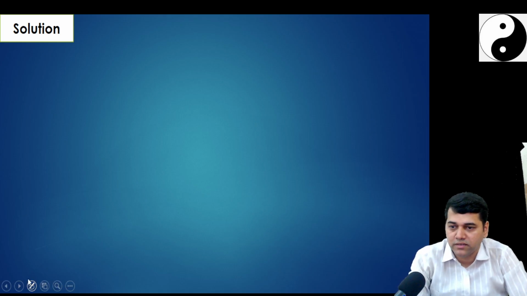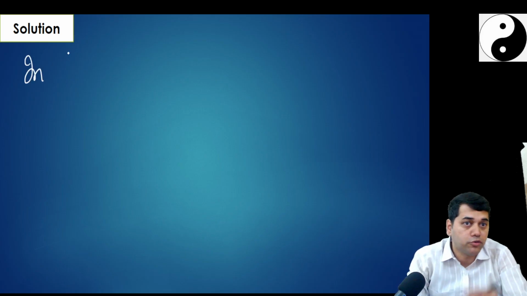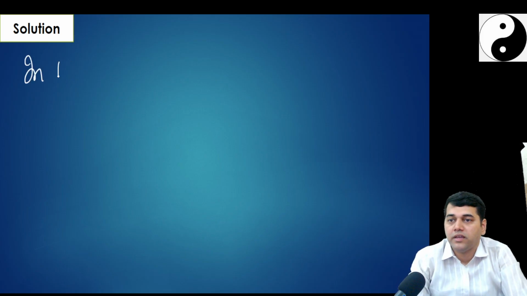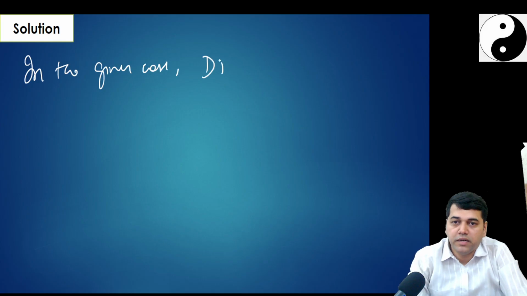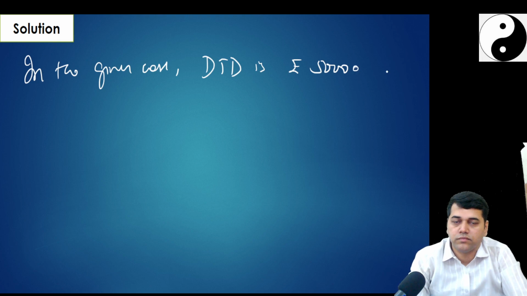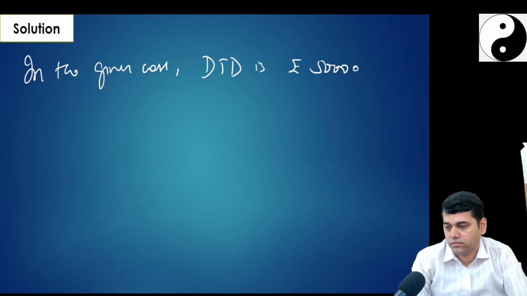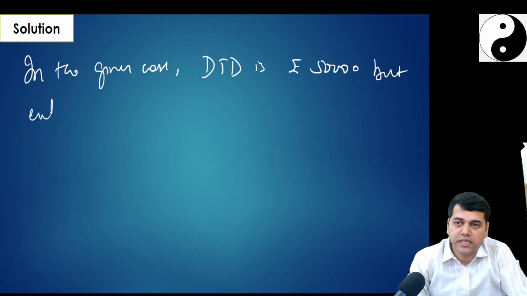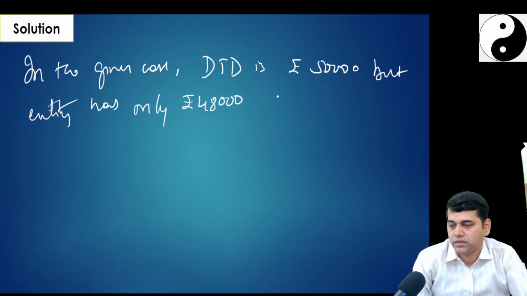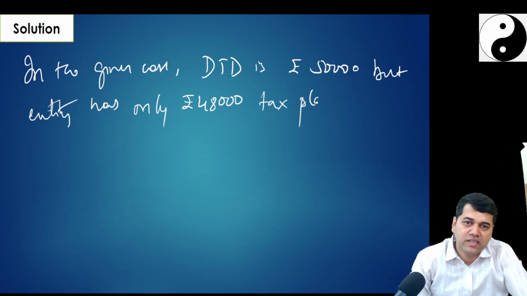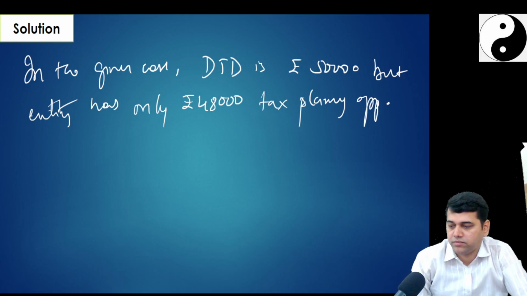In the given case, you have to learn this also to write the theory, because it is very theoretical. In the given case, the deductible temporary difference is rupees 50,000, but the entity has only rupees 48,000 tax planning opportunity.